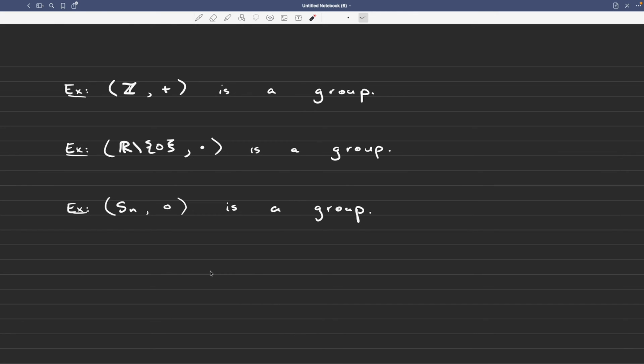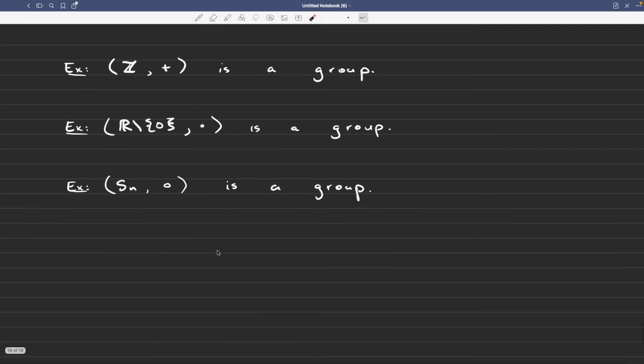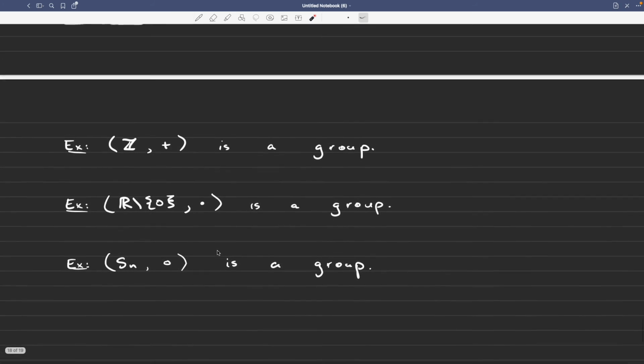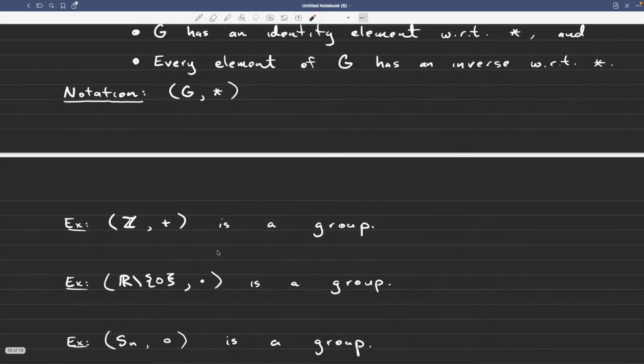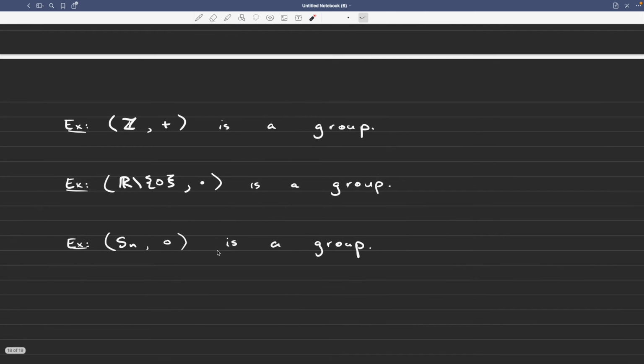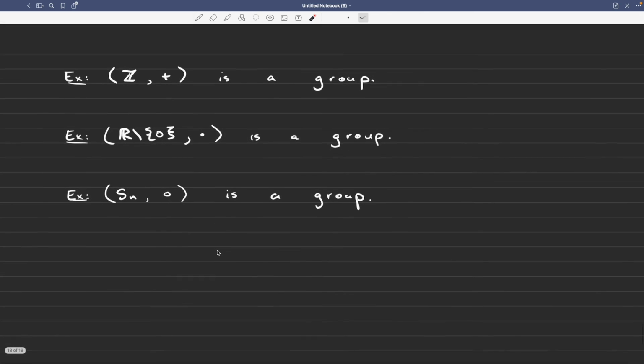Or all n by n matrices, regardless of the determinant, form a group with respect to matrix addition. There are all kinds of really cool groups in the world. I just want to give you a little glimpse into what the future holds for you, and how what you're learning here in this course, foundations, will serve you in that course.